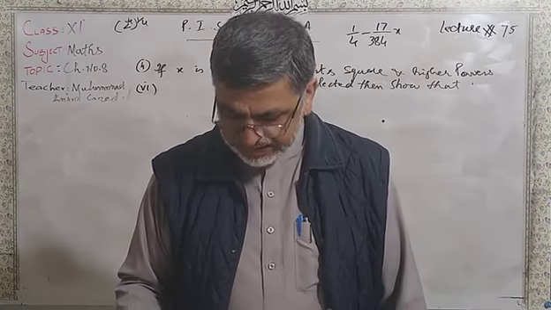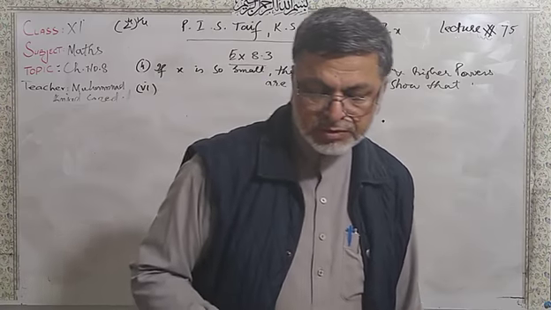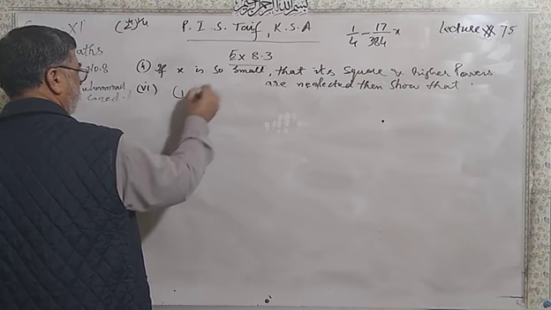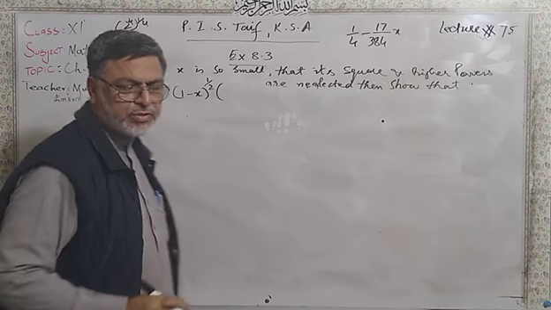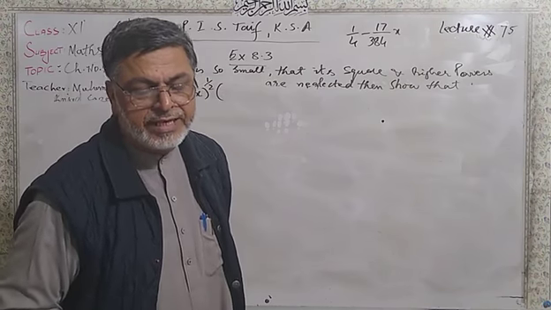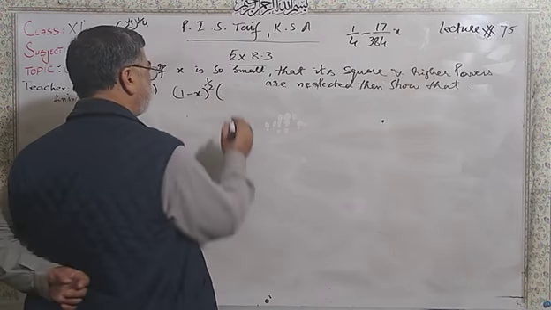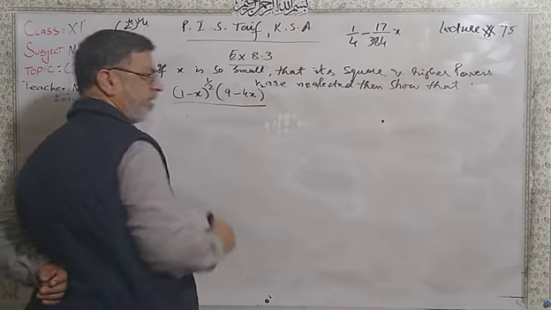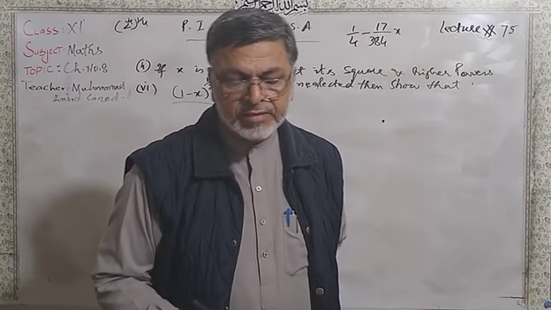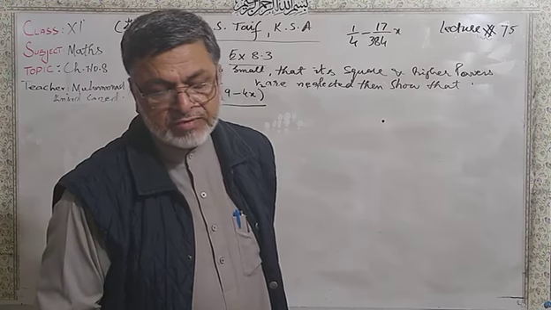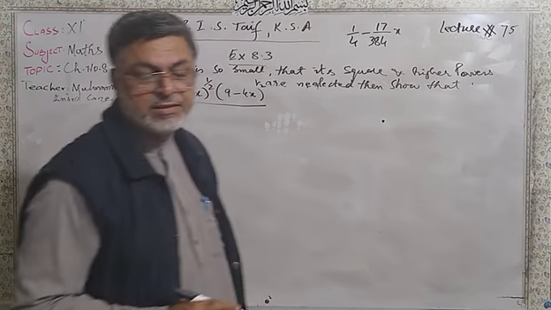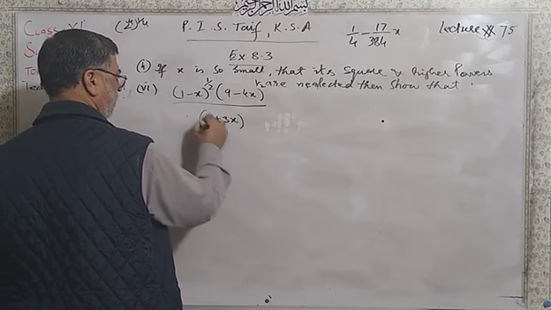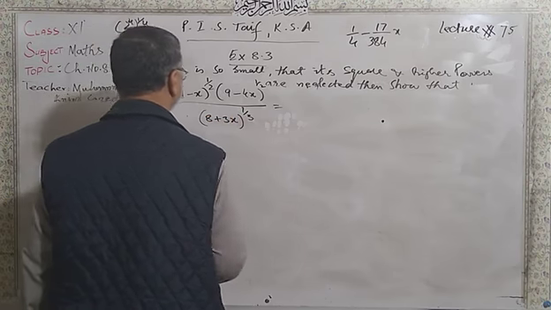1 minus x power 1 over 2, into 9 minus 4x power 1 over 2, divided by 8 plus 3x power 1 over 3.